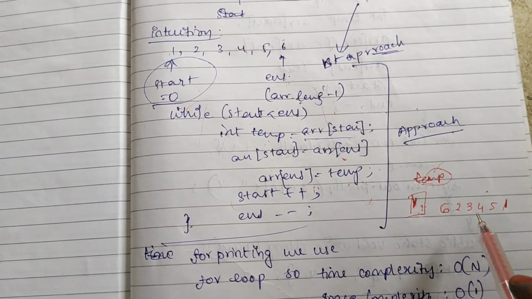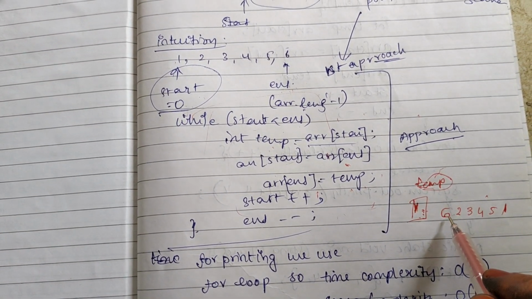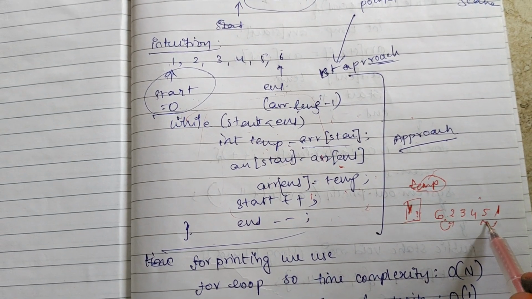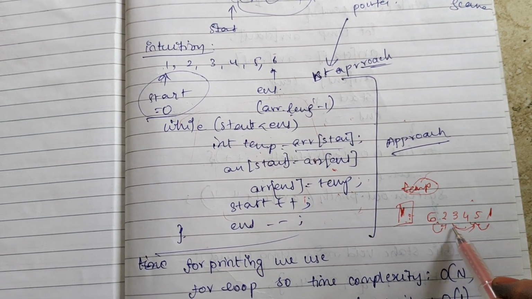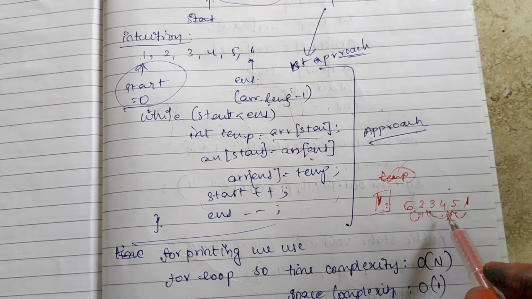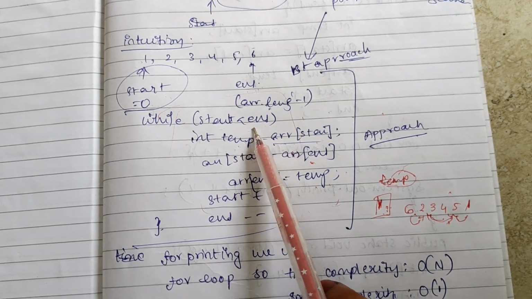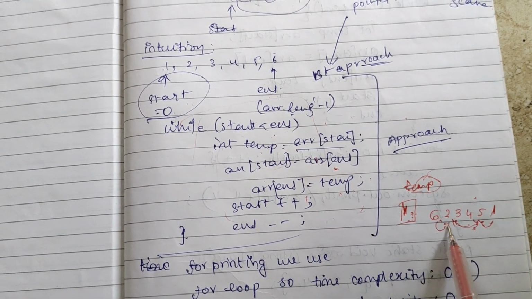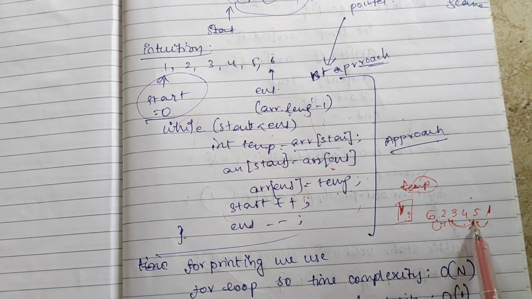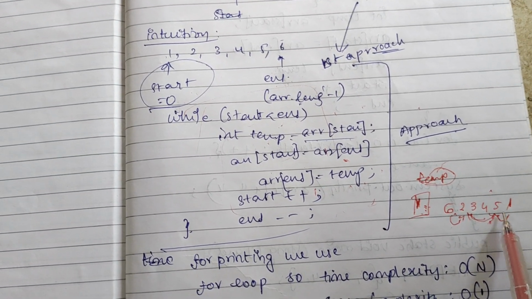After that, I update my start, and my end also gets updated, because these two should be swapped, right? And again I'll check whether my start is less than end. Now my start position is index 1, and my end position is n minus 2, index 4.